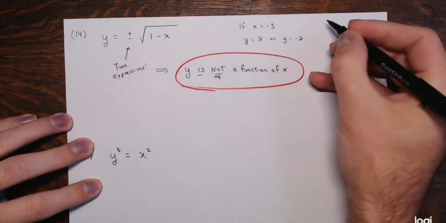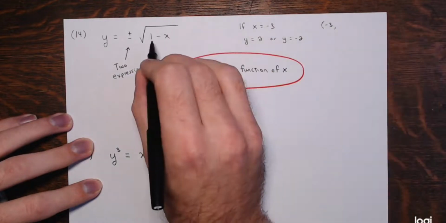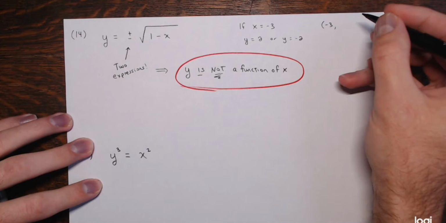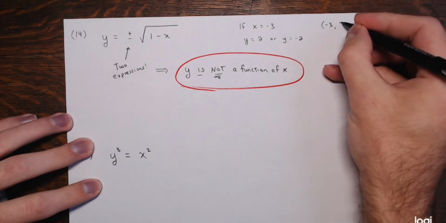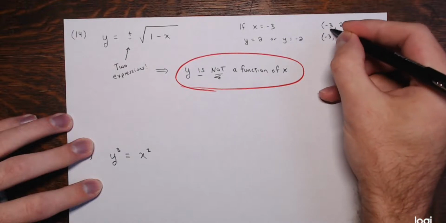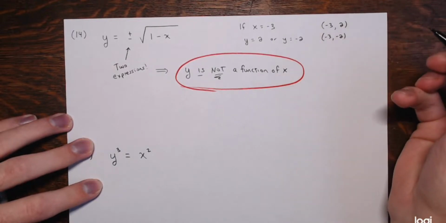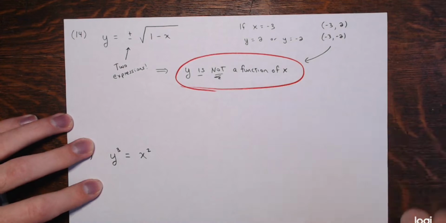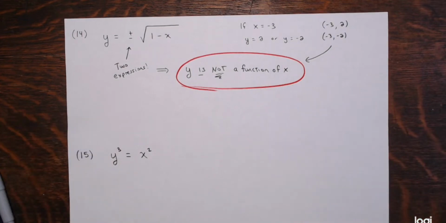It'll be the square root of 4, right? 1 minus negative 3, 1 plus 3. So negative 3 will pair with positive 2, but also negative 3 will pair with negative 2. So the same input going to two different outputs, more than one output, tells you that y is not a function of x. We do not have a function here.